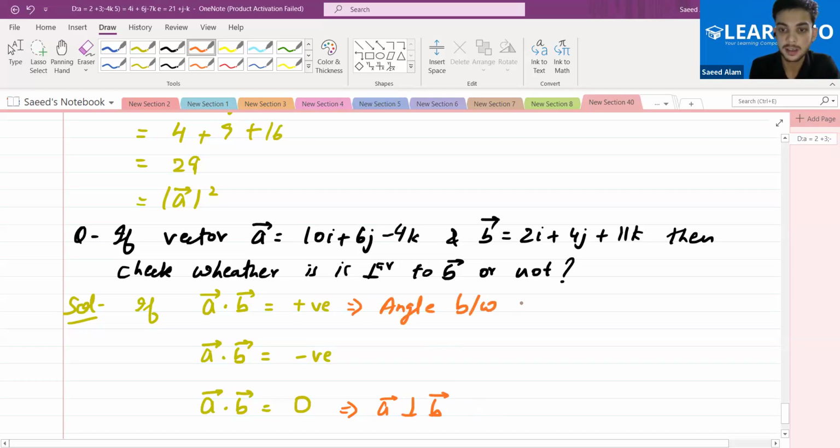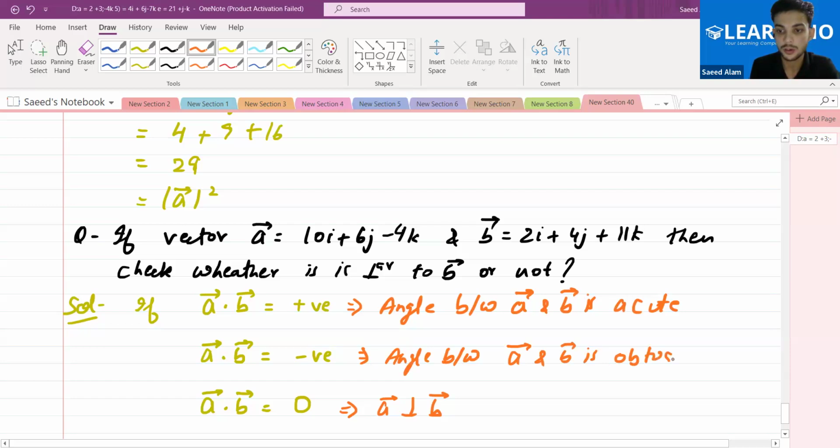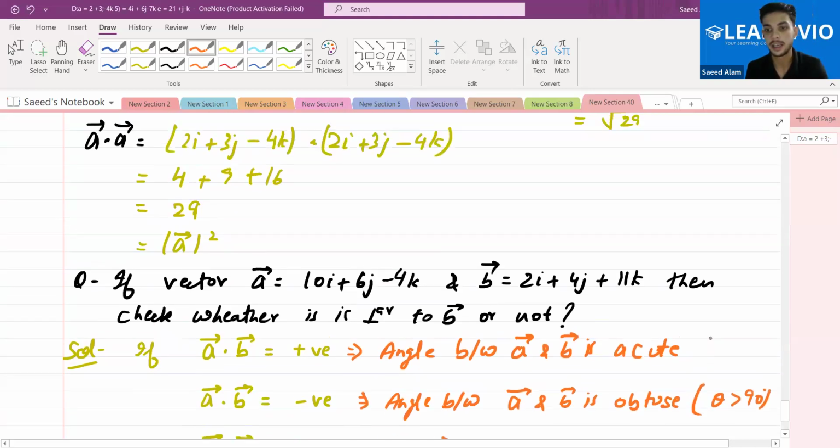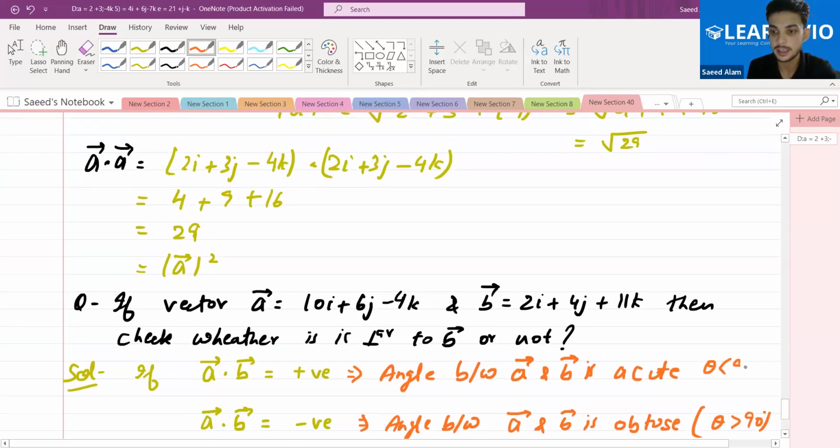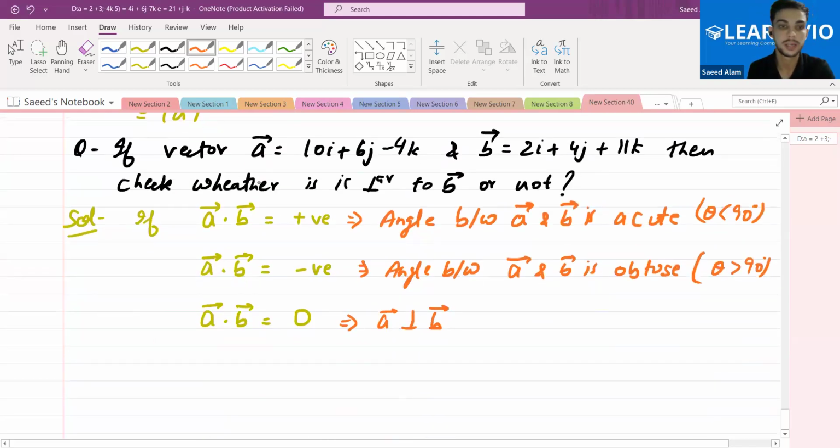And what if it is negative? The angle between A and B is obtuse. You must know that obtuse is greater than 90 degrees and acute is less than 90 degrees.